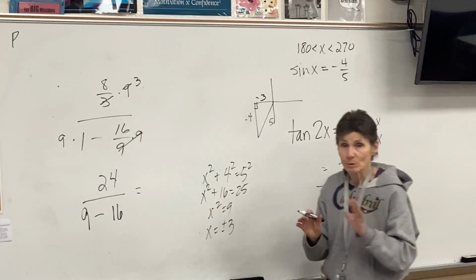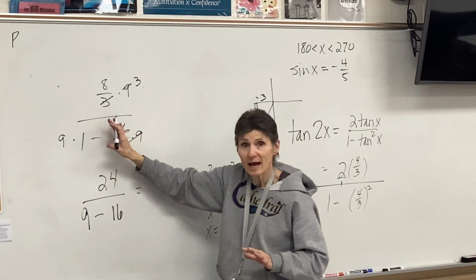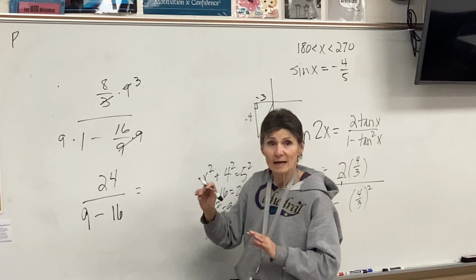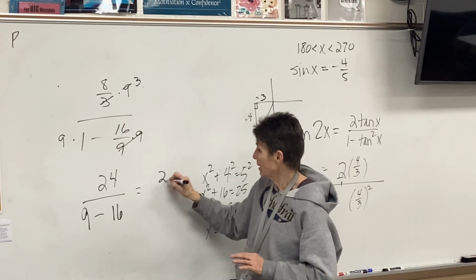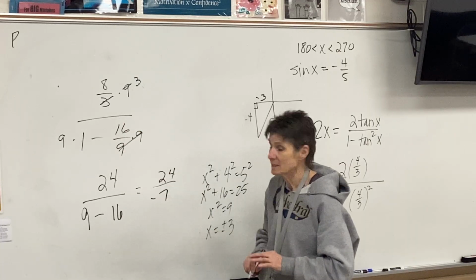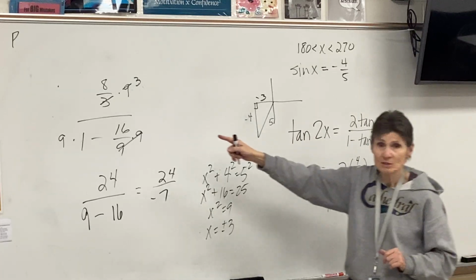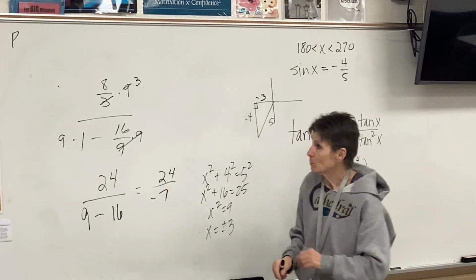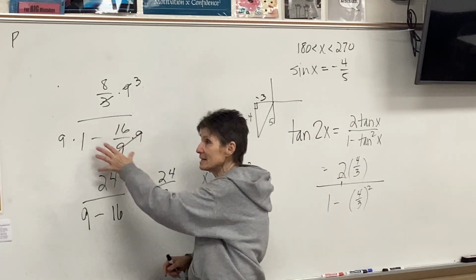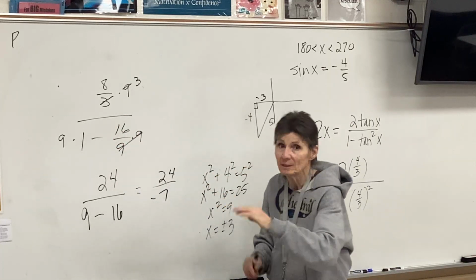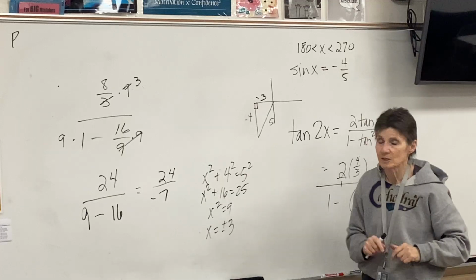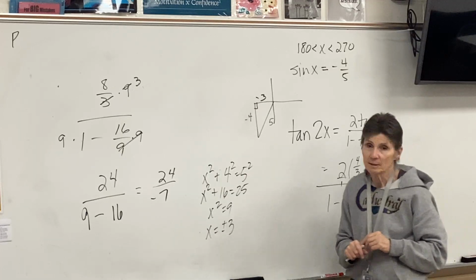Again, I don't care how you deal with that, but you're going to have to deal with it and end up with -24/7 as your answer. That works best for me. But you might want to go ahead and subtract these and then keep, change, flip. Up to you. Answer's the same. You got to be able to come up with that answer.